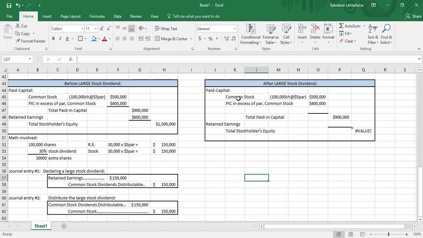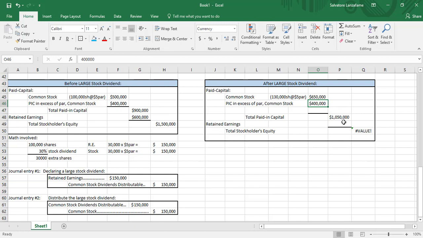So let's figure out the new stockholders' equity section. So instead of 100,000 shares times $5, we now have 130,000 shares times $5, and that's 650,000. Notice that the PIK remains the same.